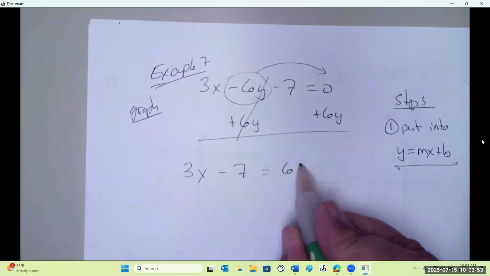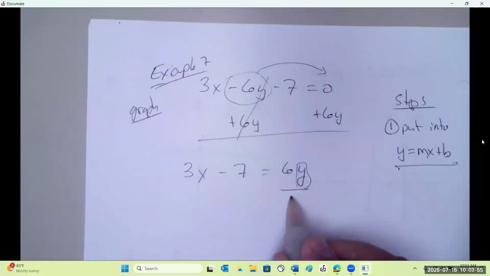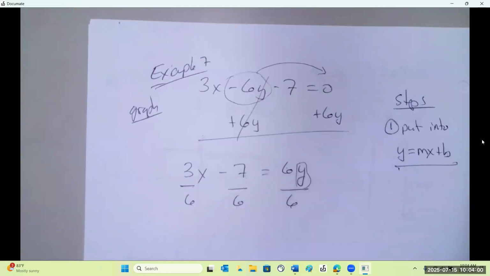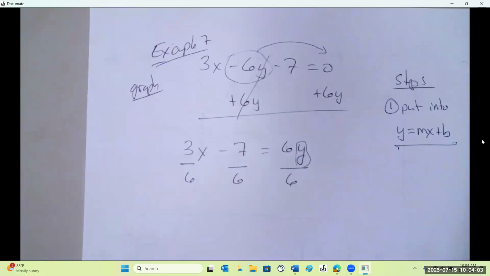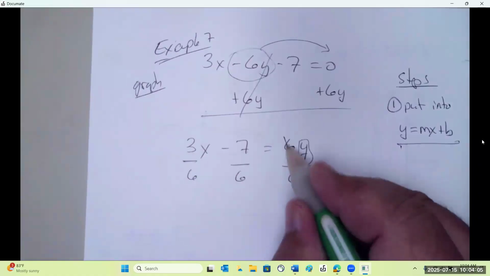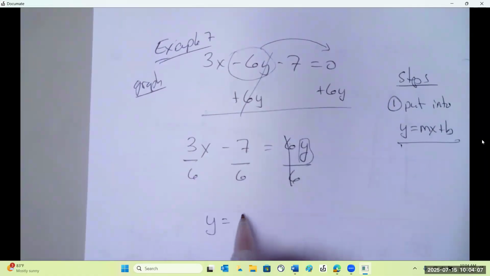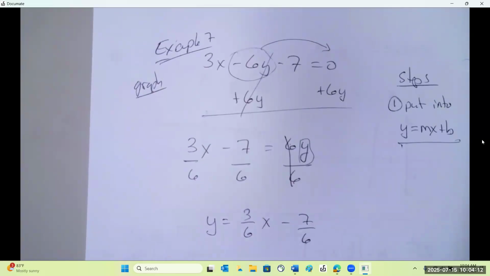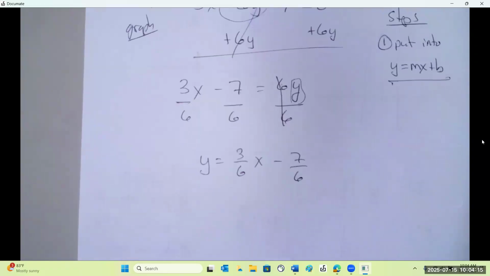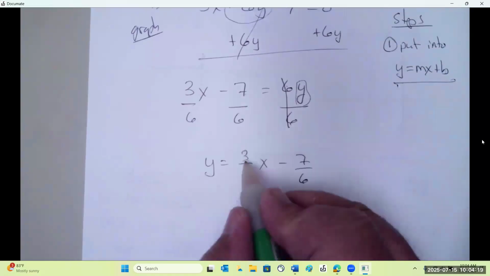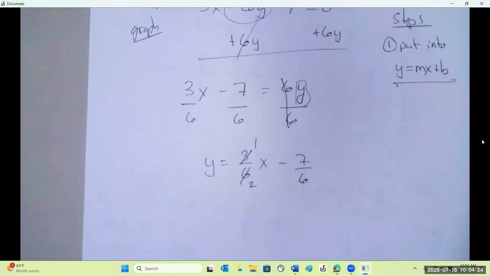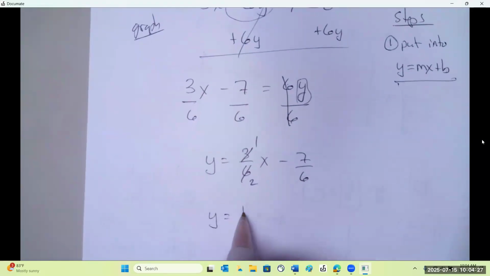Since we want to solve for y, we have to get rid of the 6. Divide each term by 6, separately. Now we have y equals 3 over 6x minus 7 over 6. 3 over 6 can be simplified to what? 1 over 2. So we have this.